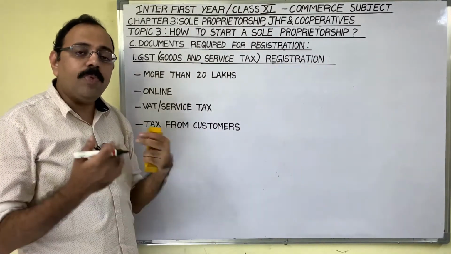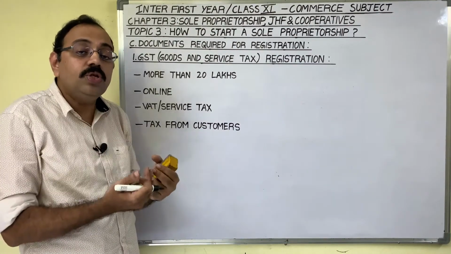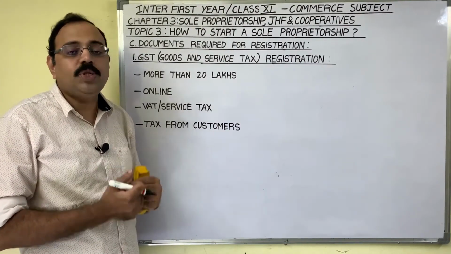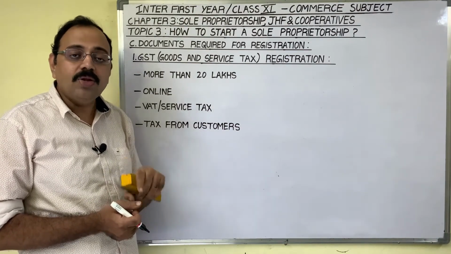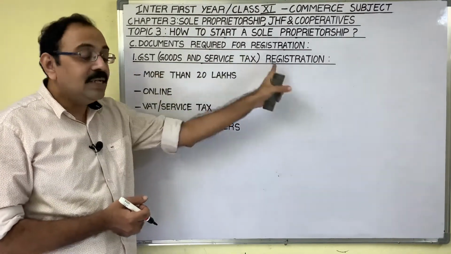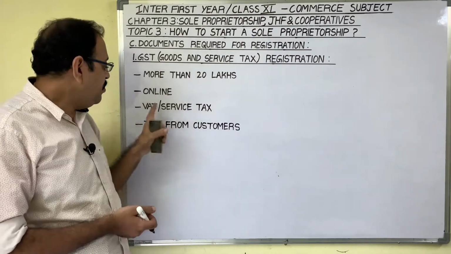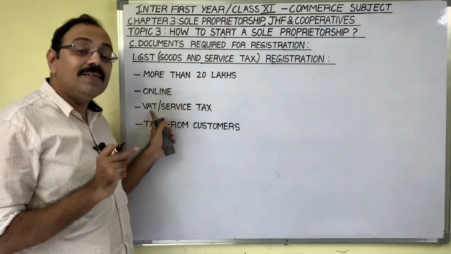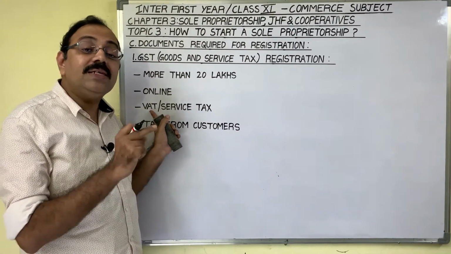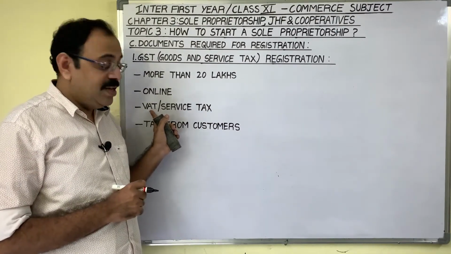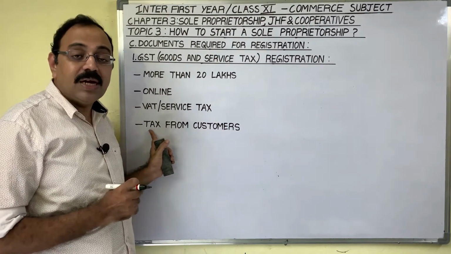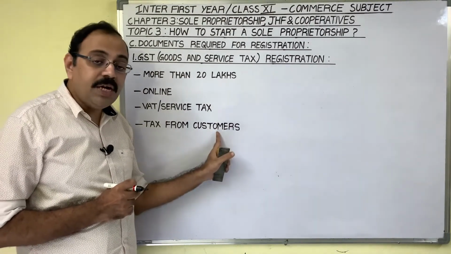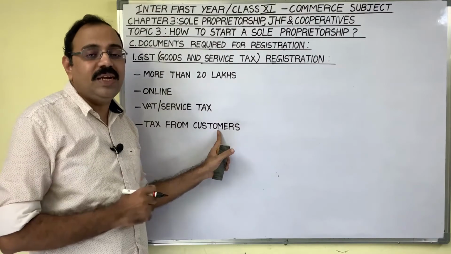And if a proprietor wants to sell his goods online through e-commerce portals such as Amazon, Flipkart, then also he has to obtain GST registration. GST registration has replaced the old VAT and service tax registrations. Next point, a GST registered firm must collect tax from customers and should file GST returns.